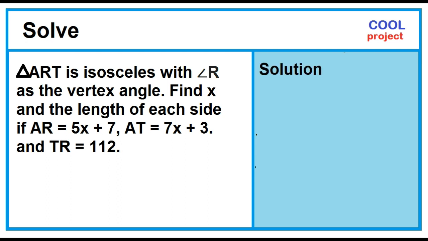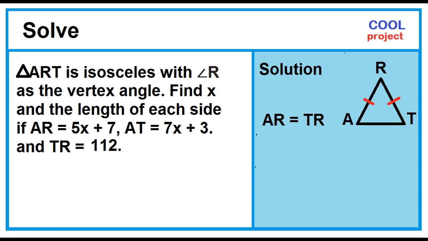Solution. Triangle ART is an isosceles triangle with angle R as the vertex angle. This implies that segment AR is congruent to segment TR. AR is equal to TR.